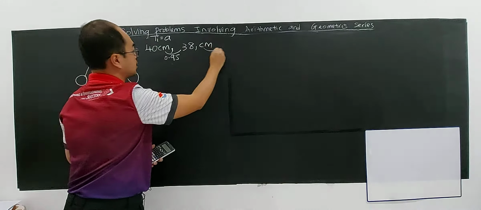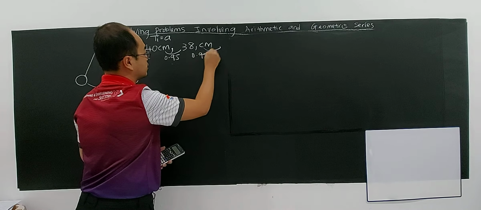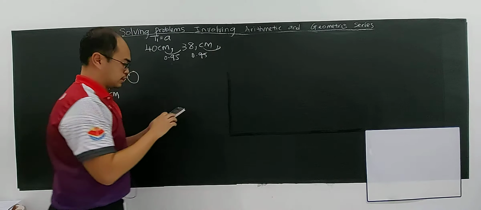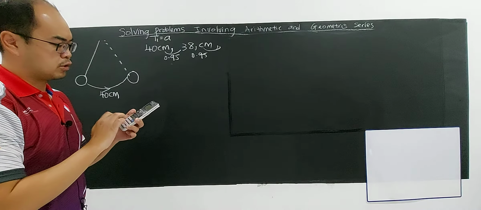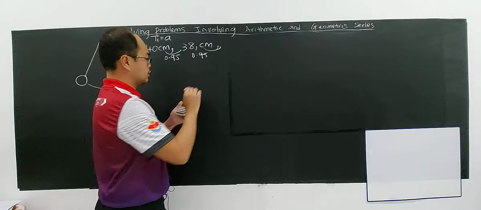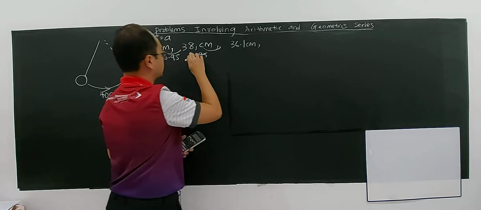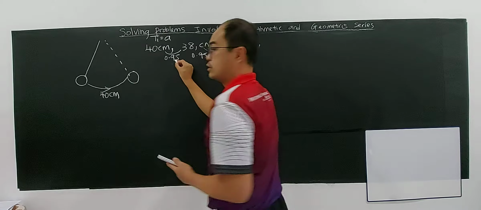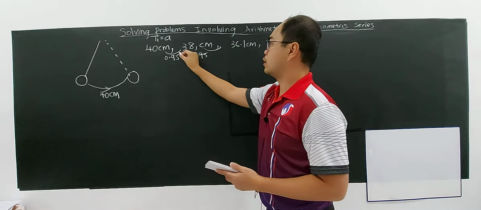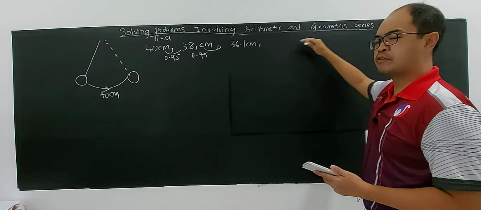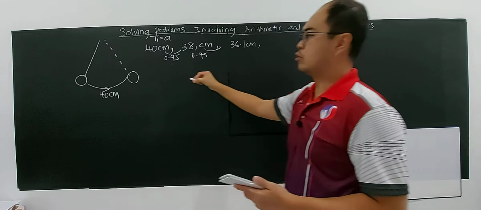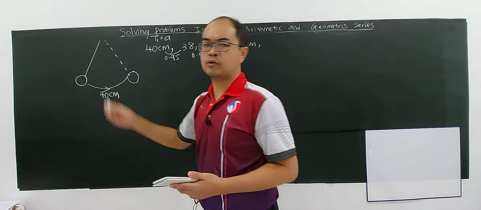If you keep multiplying again by 0.95 for the successive swing, you have 38 multiplied by 0.95, which is 36.1, getting lesser and lesser. But 0.95 is very slow. If you keep multiplying, it takes very long for the swing to reach nearly zero.